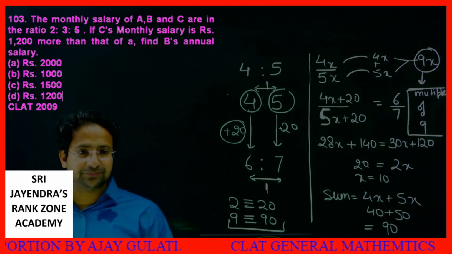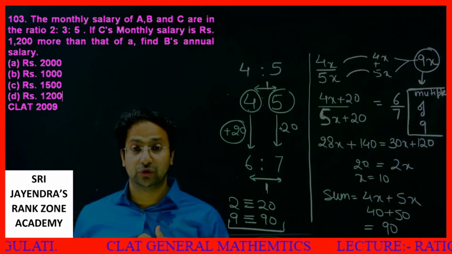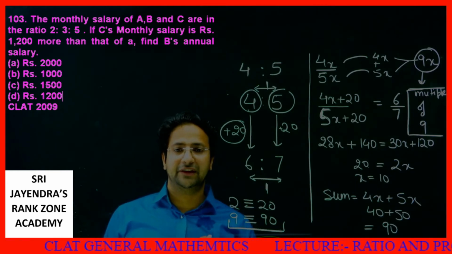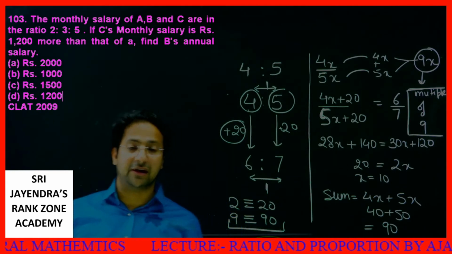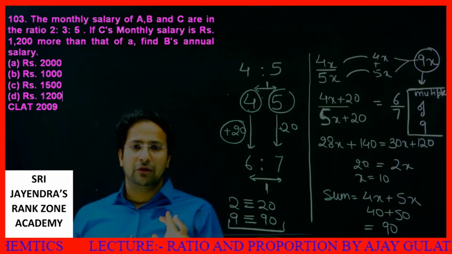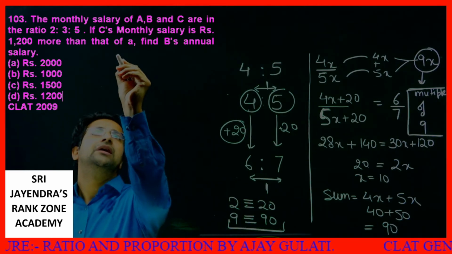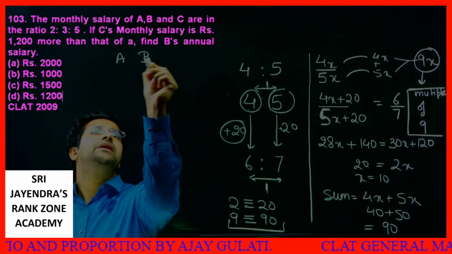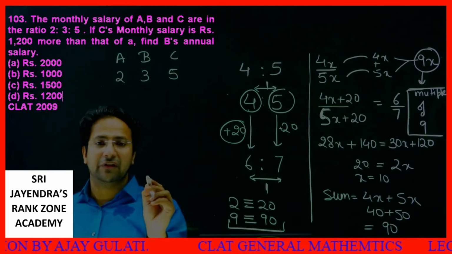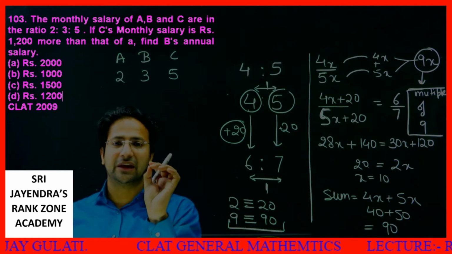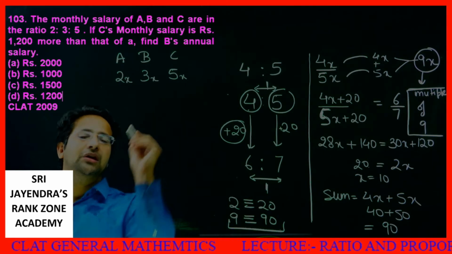Next question, dear students. The monthly salaries of A, B and C are in the ratio 2:3:5. If C's monthly salary is rupees 1200 more than that of A, find B's annual salary. We are given the ratio 2:3:5, so let it be 2x, 3x, 5x.